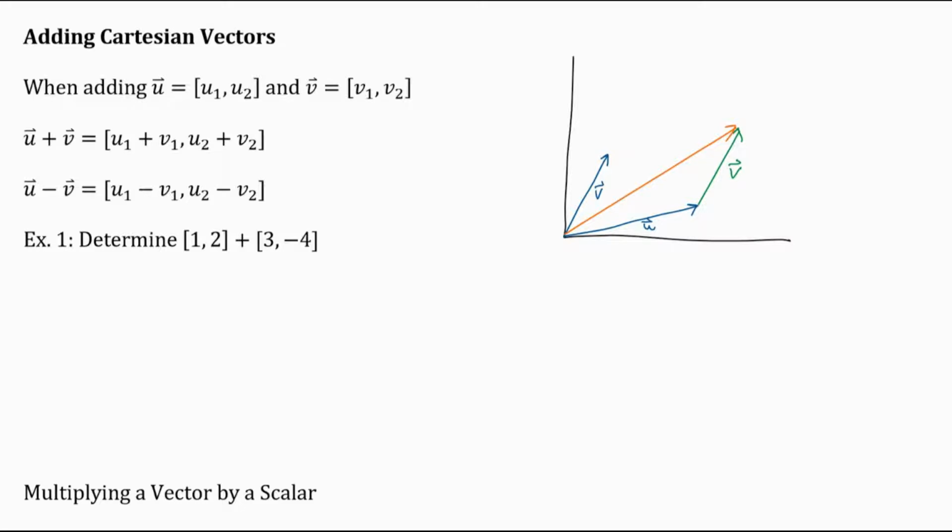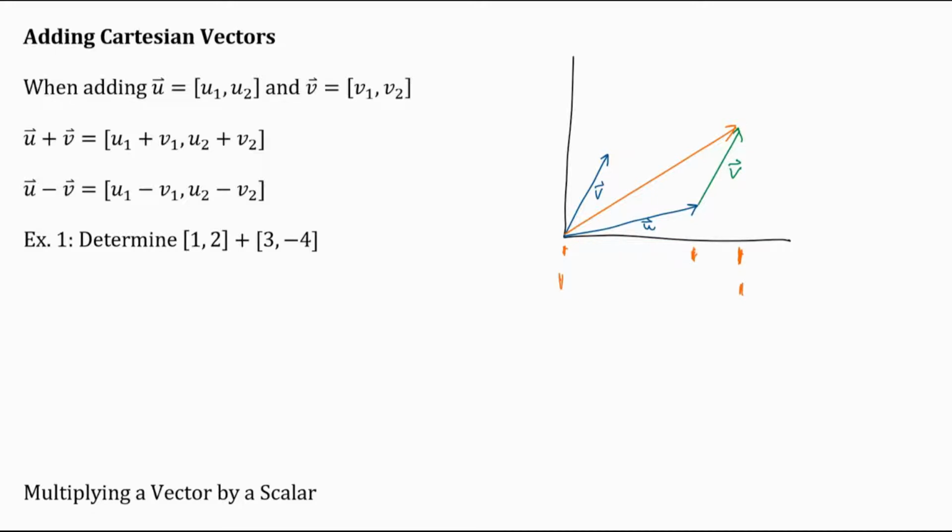And now we can take a look that the horizontal value of u and the horizontal value of v will be the horizontal value of u plus v, right? You can see that when I line them up tip to tail, if I go horizontal for u and then horizontal for v, I get the horizontal for the resultant vector.